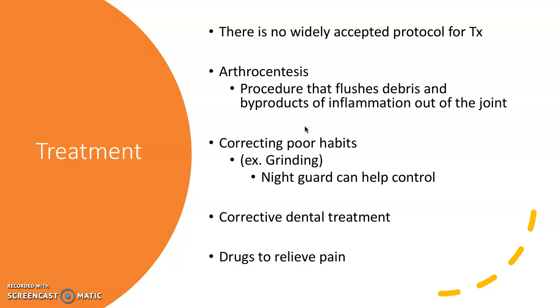Another is correcting poor habits, and a simple example of that is correcting grinding, because sometimes when you sleep you can grind your teeth and you don't even realize, and you can have a night guard that helps control this. You can also have corrective dental treatment to fix any lost or misaligned teeth, or braces or anything of that matter. They do have drugs to relieve the pain, but obviously that's just a temporary remedy.